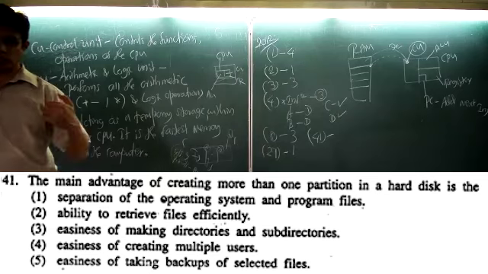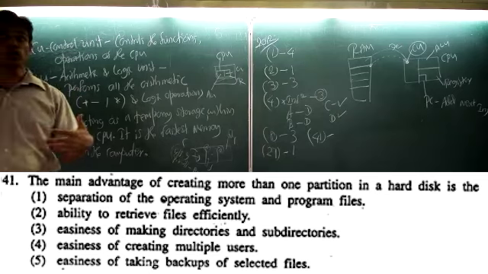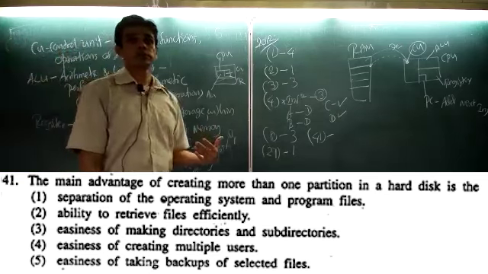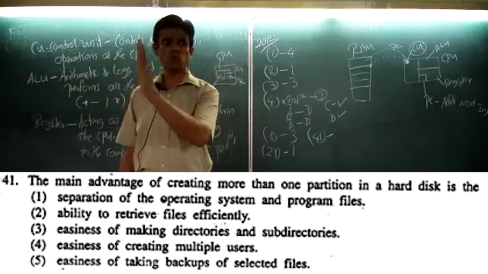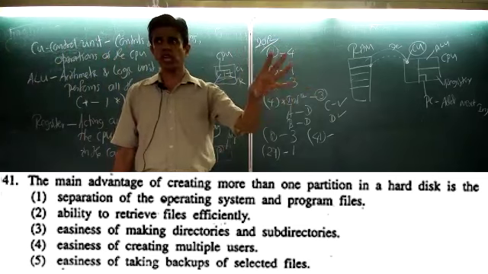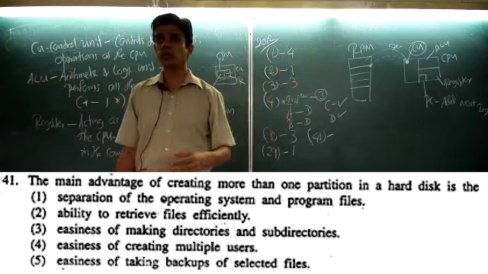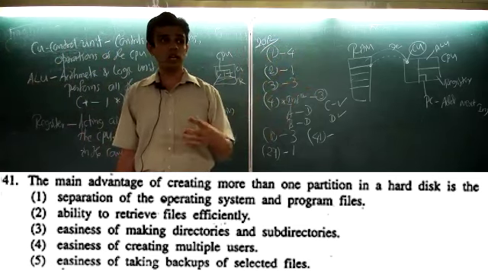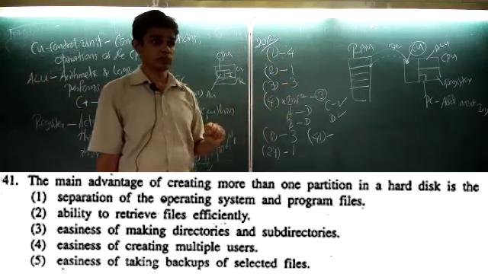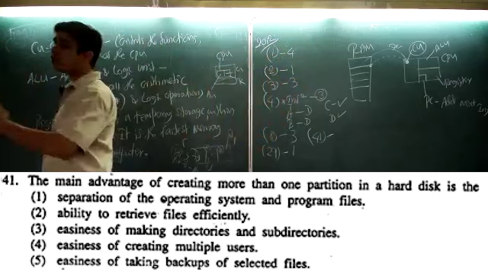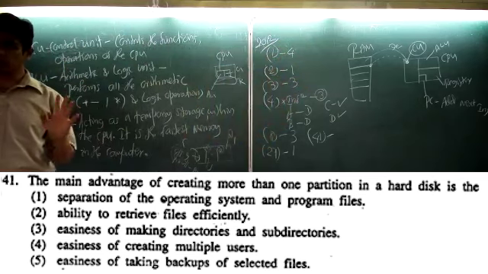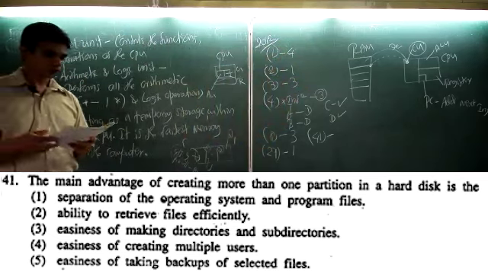Application programs are going into C. In which drive is the operating system available? Still in C, right? Do we need separate drives, one for the operating system and another for application programs? No, all have to be in one, since they have a certain interrelation. So we don't need to separate OS files and application program files. So the first one is out.